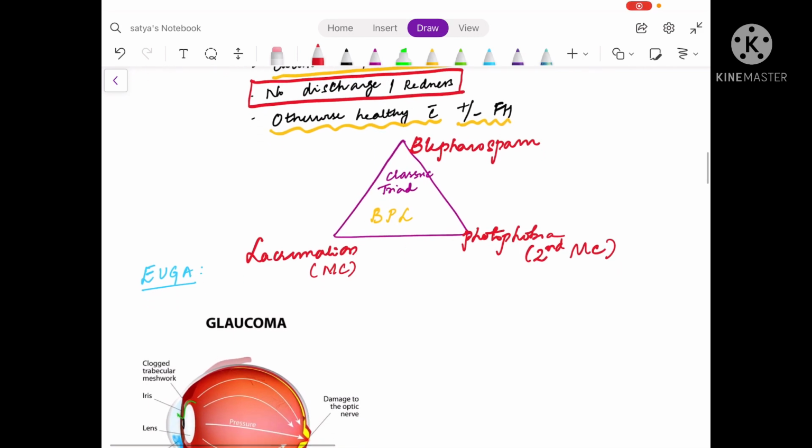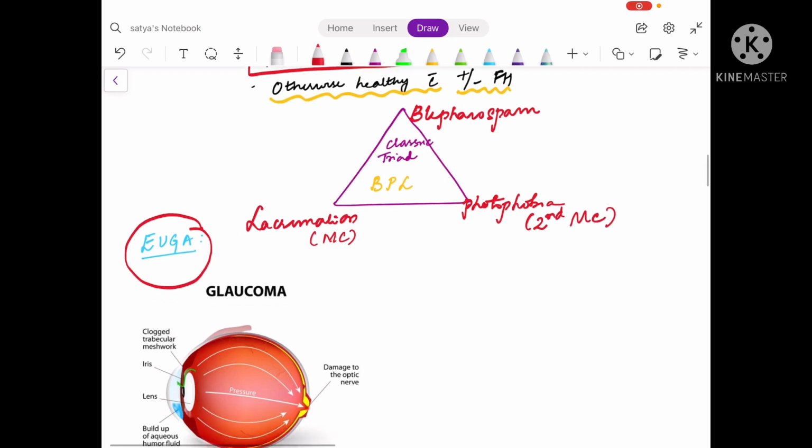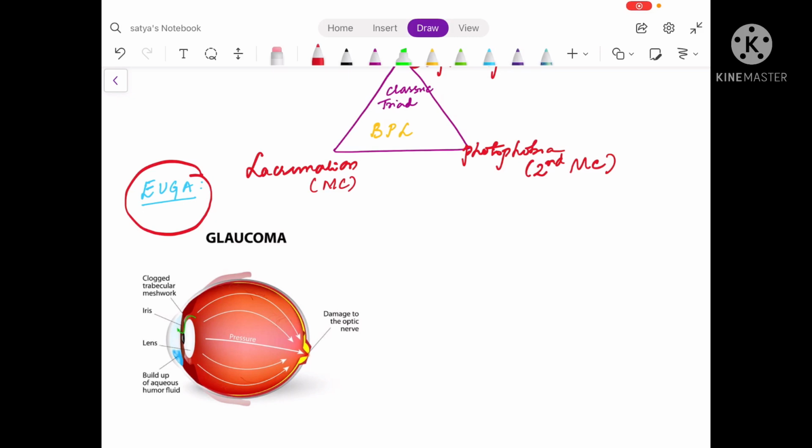Before that we need to see what the findings are in the anterior segment. For that you need to go for an examination under general anesthesia, since these are infants. In the examination we will find the following features. It is established that the trabecular meshwork is at fault. There is a clogged trabecular meshwork which will lead to a rise in IOP, so the entire eyeball is very much pressurized.